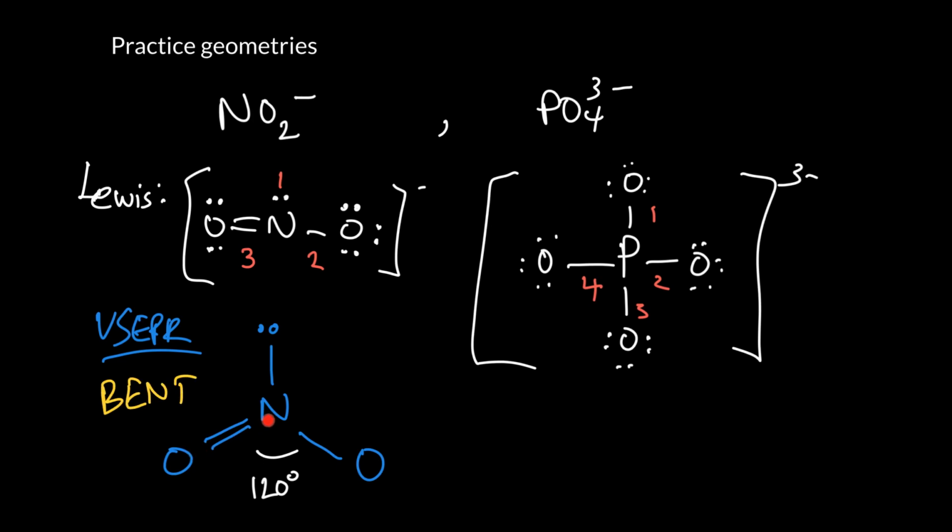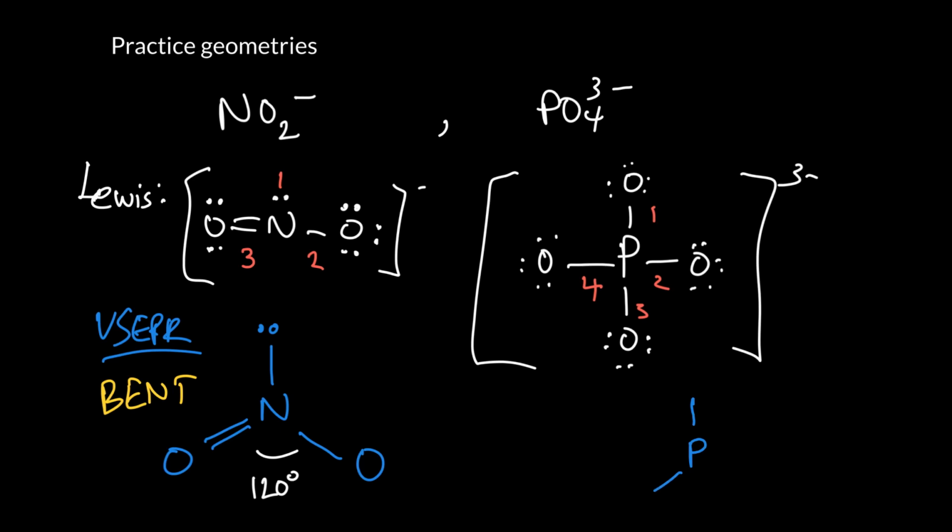Now, the electron geometry is trigonal planar because the electrons, you got a lone pair, a double bond, and a single bond, are trigonal planar, but the molecular geometry is where the atoms are. And when we ask for the geometry, that's almost always what we want. Now, in the case of phosphate, I believe the electron and the molecular geometry is identical because if you've got 4 repulsions, then they take that tetrahedral geometry.